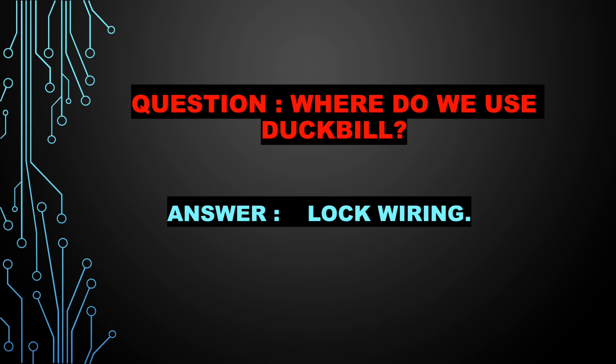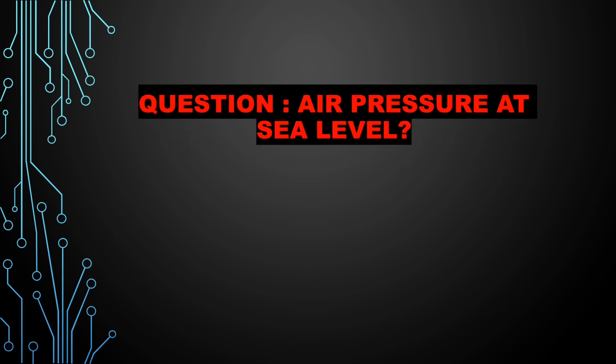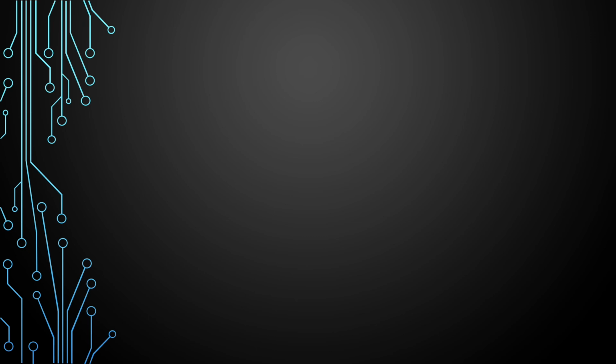Answer: lock wiring. Question: air pressure at sea level? Answer: 14.7 psi.